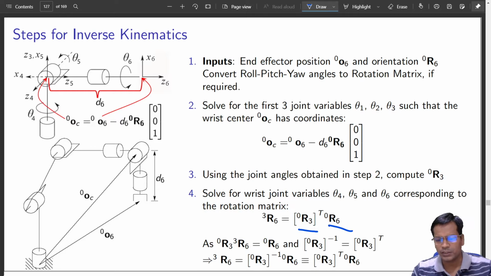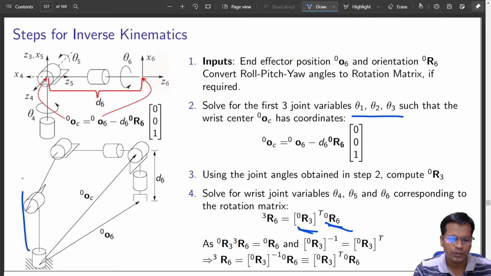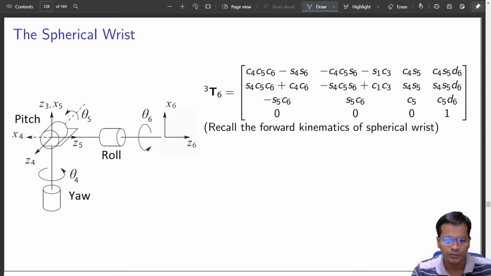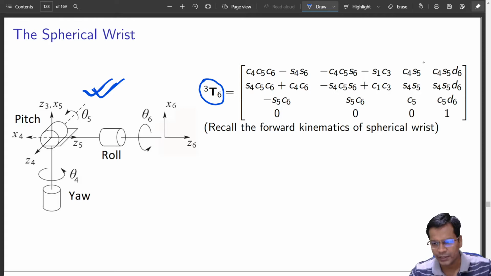So forget that, you just recall 0R6 is given, 0R3 can be obtained using theta 1 to theta 3 values, knowing the structure of the first 3 links, and you can find out 3R6. Now, if you recall your spherical wrist solution, exactly this one, 3R6 is a part of this. Where is it hiding? It is this matrix.